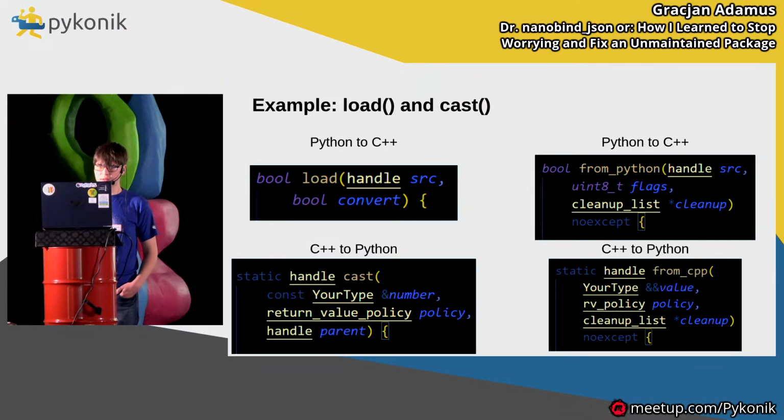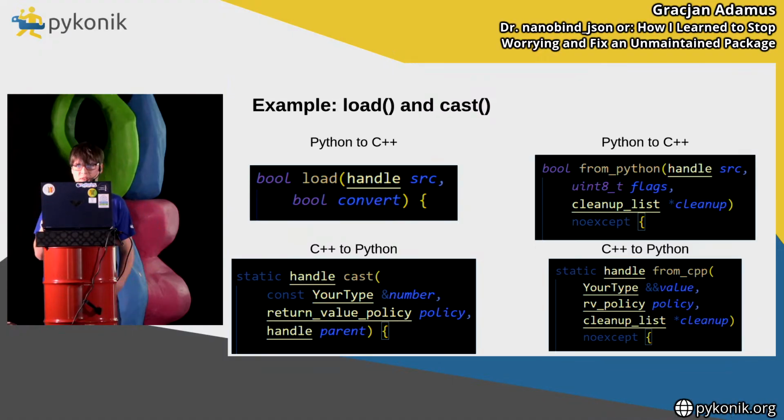And in nanobind, they decided to change their name for something much more understandable, just from Python and from C++. There was some change in the function signature, but it wasn't relevant for this project. Didn't have trouble with that.